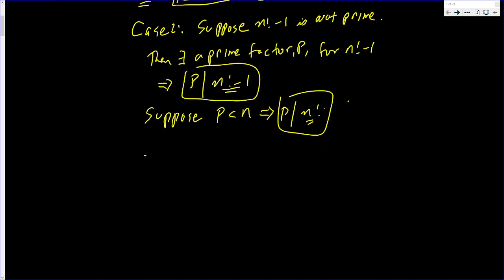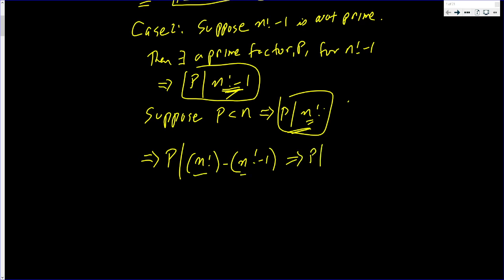That can't be. This implies that p divides this number minus that number. But this minus that is 1. But if p divides 1, that implies p is 1. But that's a contradiction, because a prime is always 2 or more.